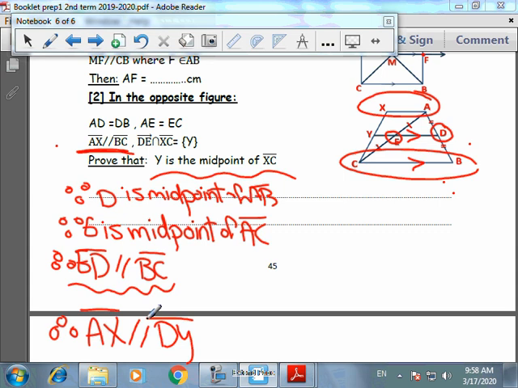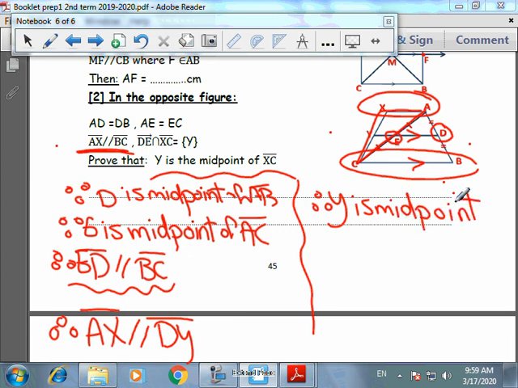Let's go to the small triangle on the left, ACX. I have two parallel lines and a midpoint. AX is parallel to DY, that's one. The second thing, E is the midpoint, therefore Y must be the midpoint of XC, which is what was required to prove.